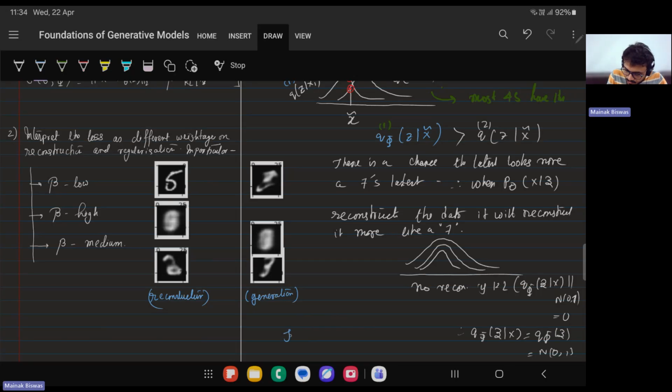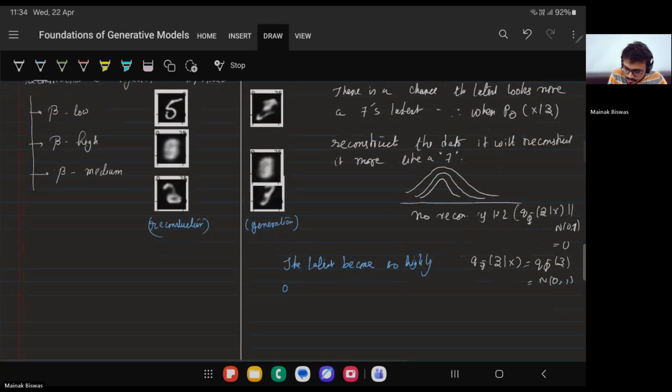The latents become so highly overlapped that they become independent of the input. So this leads to poor reconstruction.